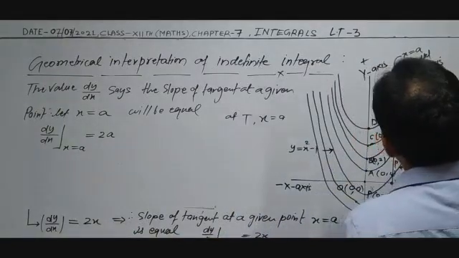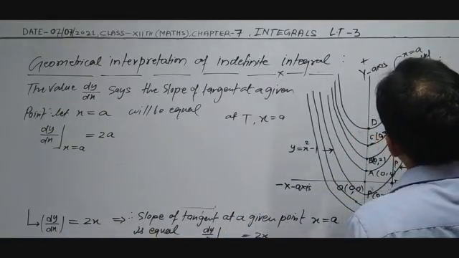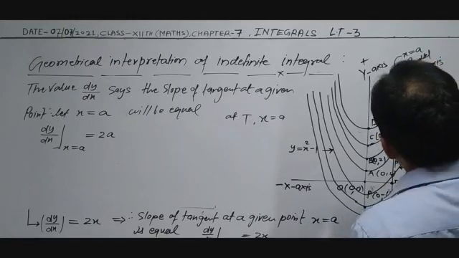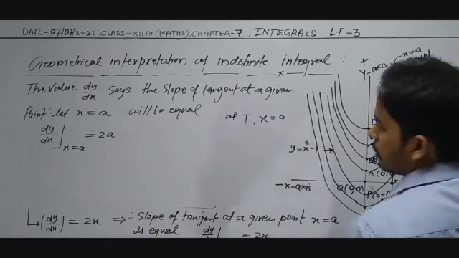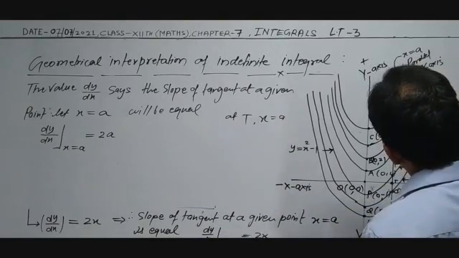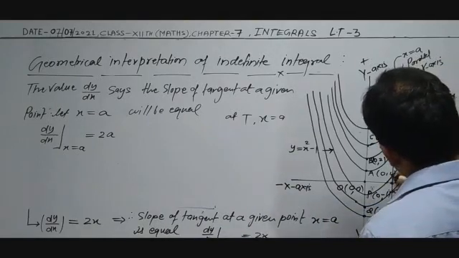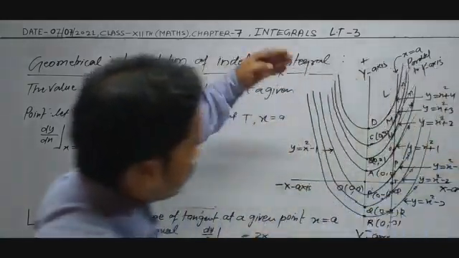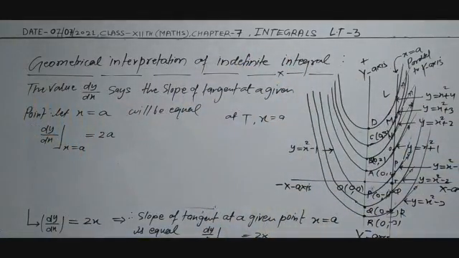Suppose this is the tangent. This tangent will be parallel. The statement says these tangents will be parallel, passing through different points.